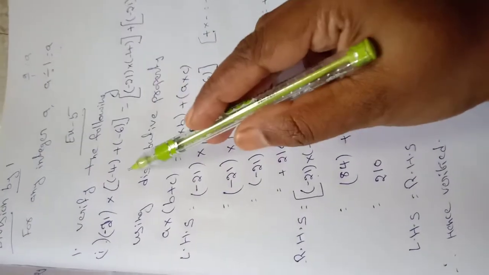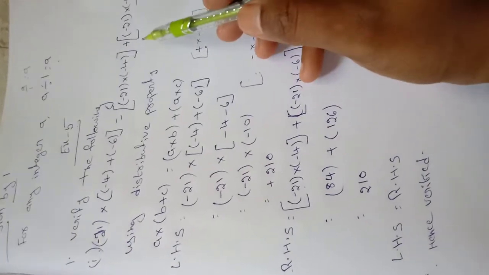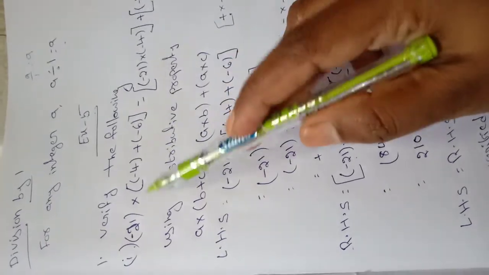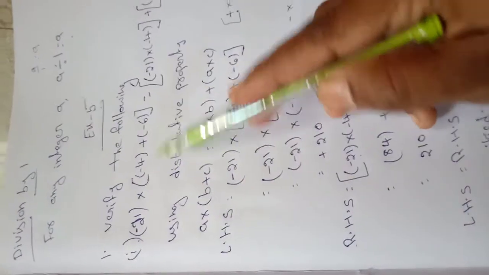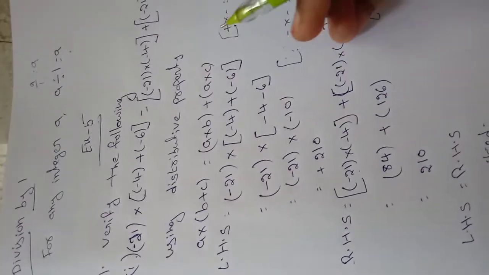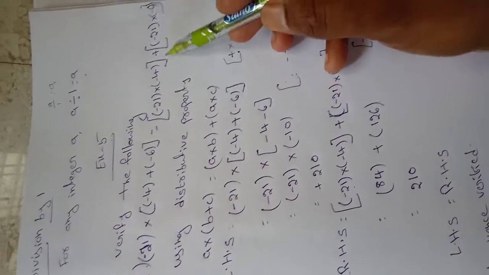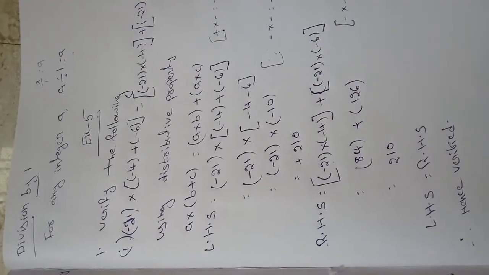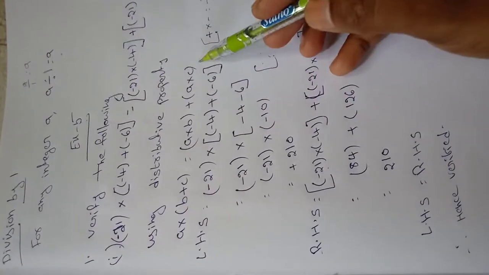In B plus C we use multiplication and addition, 2 operations at a time, so that's why it is the distributive property: A into (B plus C) equals A into B plus A into C.